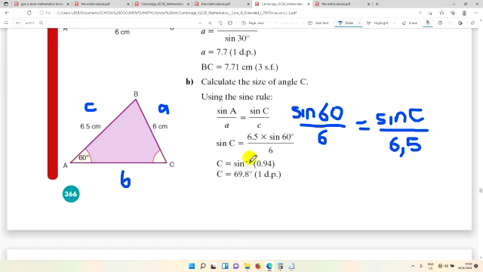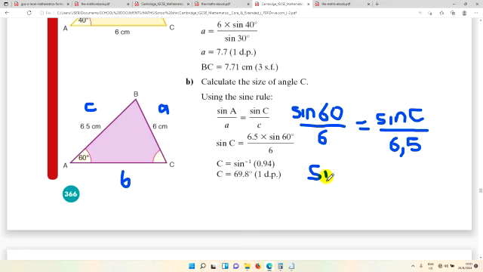And then, having done that, after some calculations we get 0.94. Then sine C is equal to 0.94.